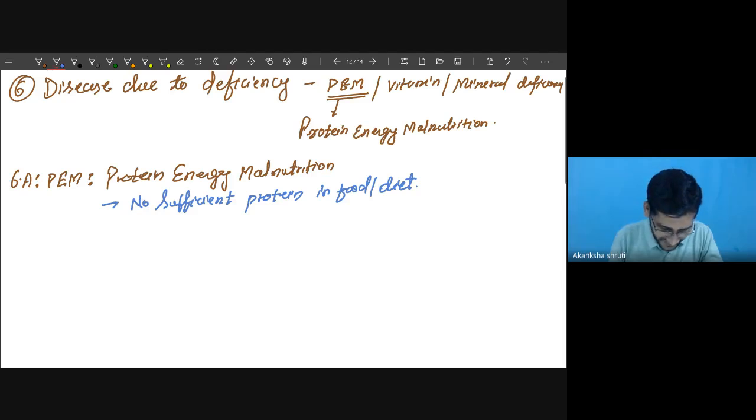So examples are, that category of children is said to be suffering from the disease called marasmus. And the second one is kwashiorkor.